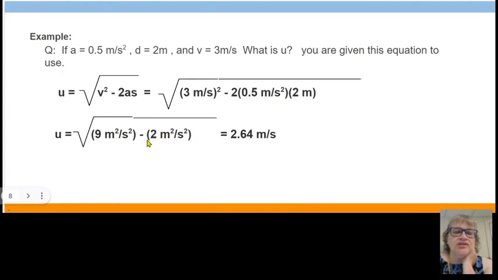So now I just did 9 minus 2, which is 7, and then took the square root. And the square root of m squared over s squared is the square root of m squared, square root of s squared, which is just s, right? Then I end up with meters per second.